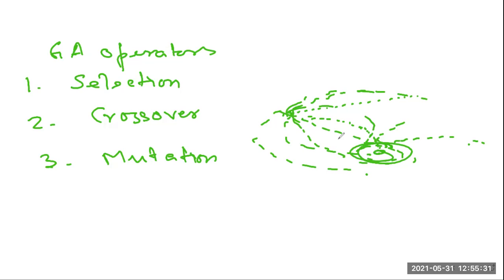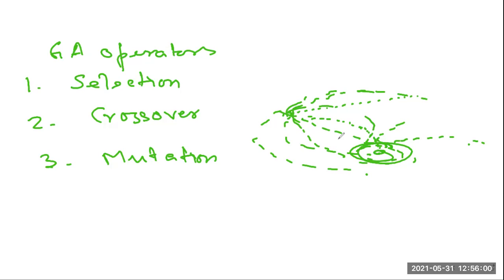Now what will happen? The ants which get this food will survive, but the ants which do not get this food will not survive. The fittest one will survive, and those who are not fit for the environment will not survive. They have to leave this place, that means they will die out.